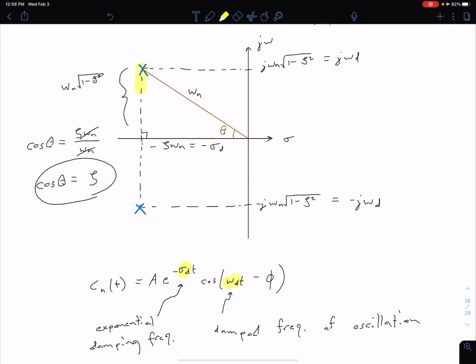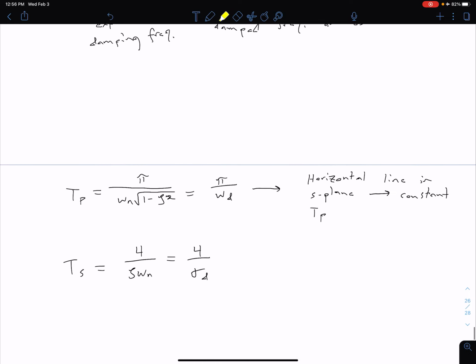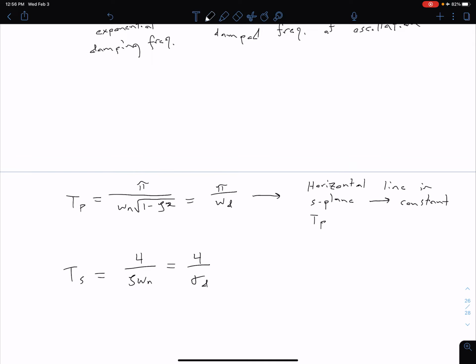So for a given vertical line, we would have the same sigma d. If we have the same sigma d, we have the same settling time. So what we have here then is that a vertical line in our s-plane corresponds to a constant settling time.